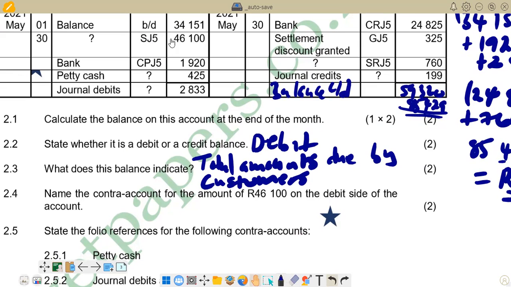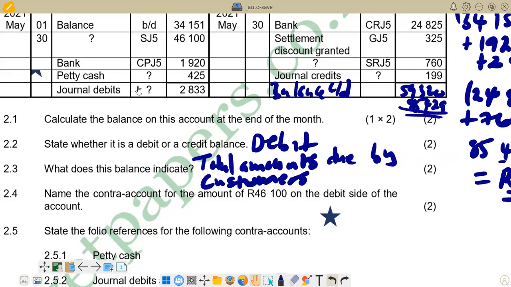So this is the book of original entry where this 46,100 was taken, and here they're asking, there's a question mark. That's where they're asking what is it indicating. So basically, we are debiting the trade receivables, and obviously we are going to credit the sales account.